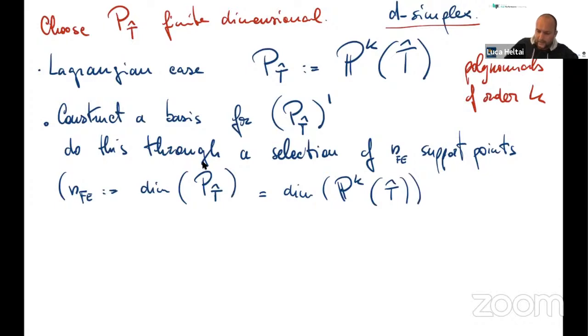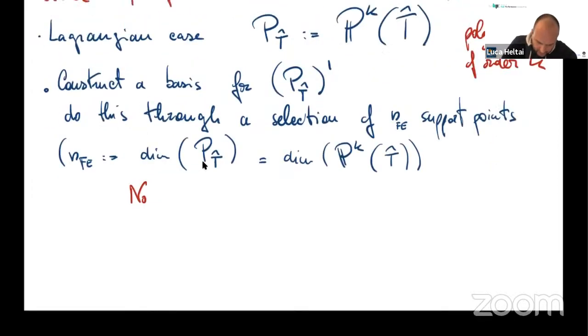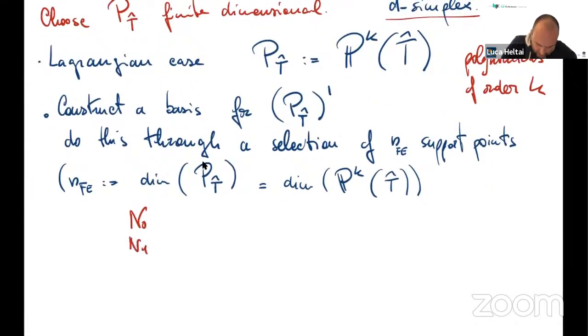And the idea here is to be explicit now about these numbers. Let's say I would like to understand what these dimensions are for D equals 0, 1, 2, and 3. So we had N0, N1, N2, and N3, and we'll stop here.